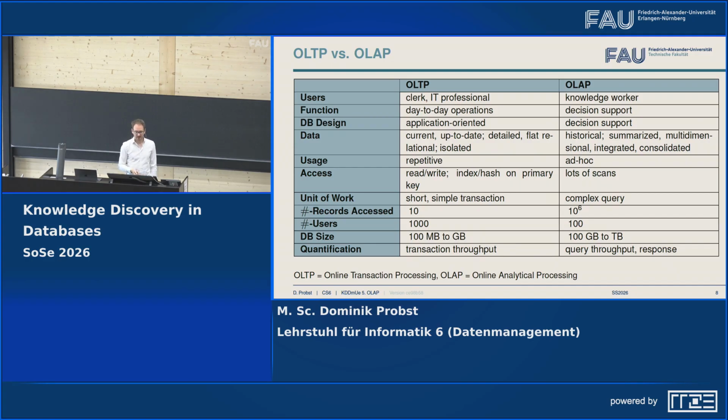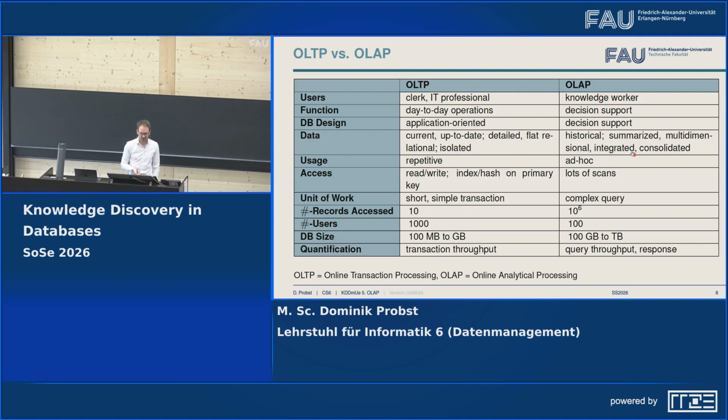Compared to that, we have OLAP databases, which are about online analytical processing. So it's about data mining, where we try to support our decision support, our data mining operations. Where we do not have current data, but we have historical data. We most often have summarized data. We have integrated data, consolidated data, and multidimensional data, which is something we will get to.